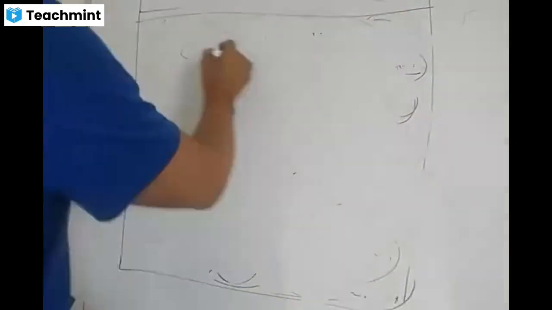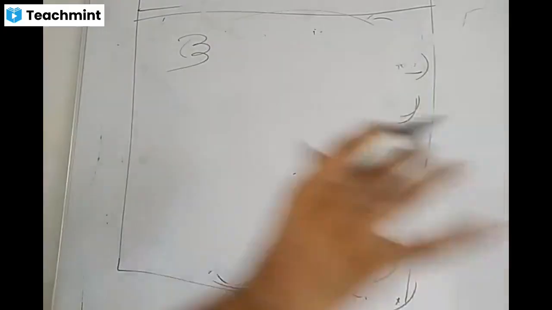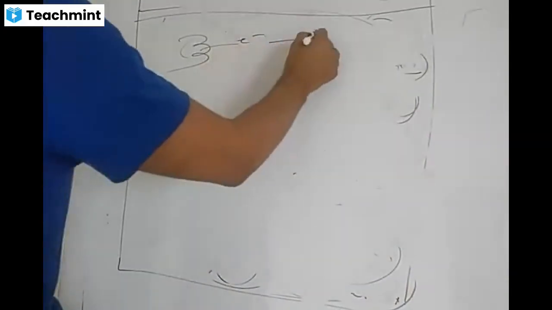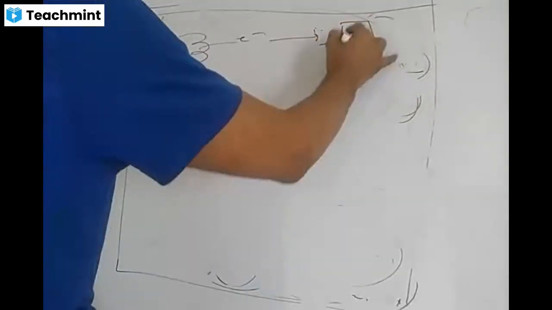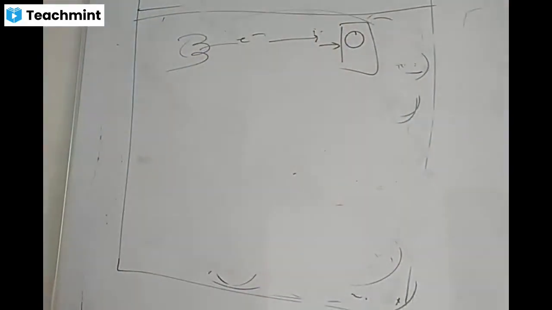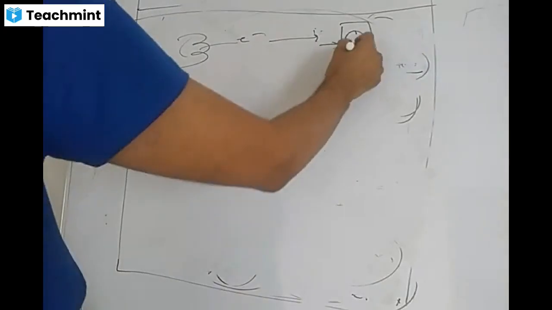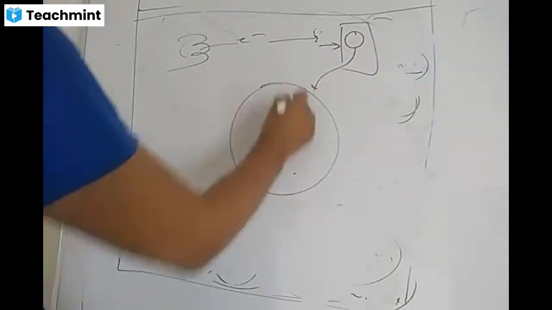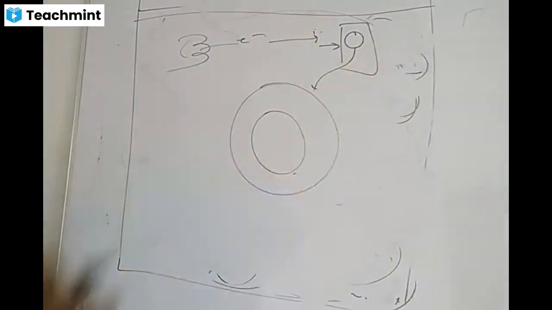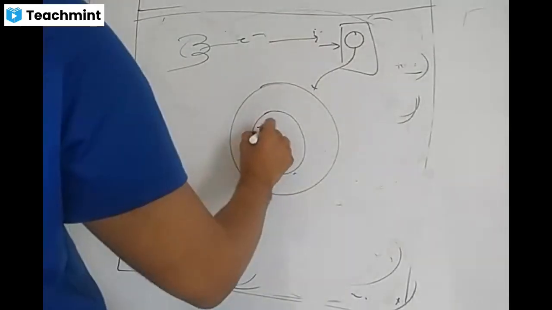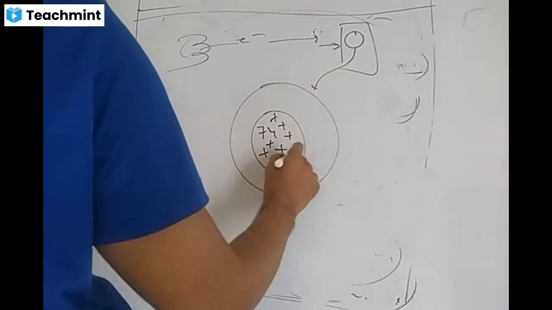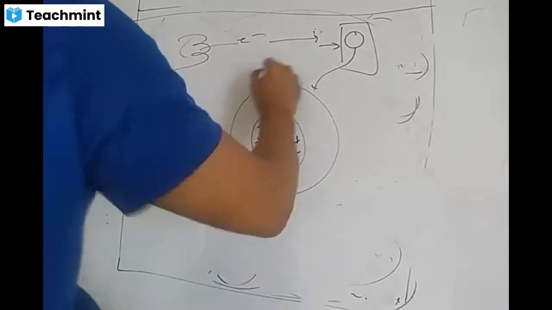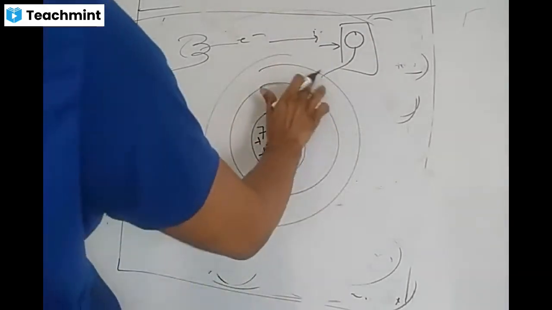This is the filament, again electron coming and it will strike at the anode. Anode is having atom. If I bring this atom out and look at the nucleus, this nucleus is having 74 positive charges.